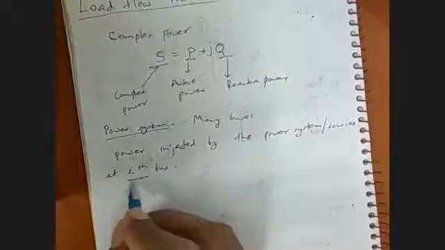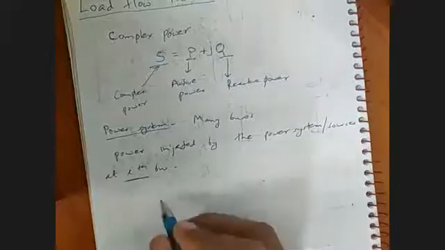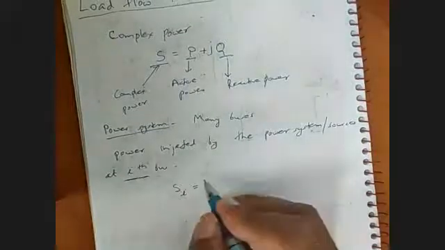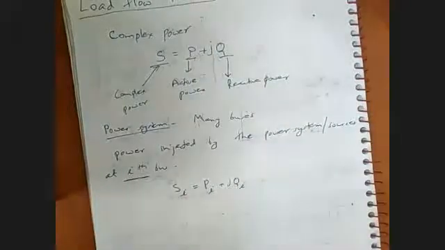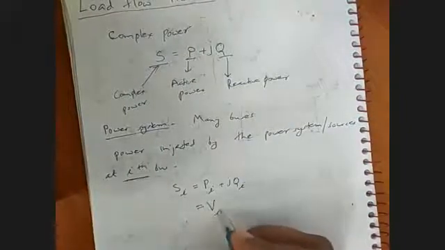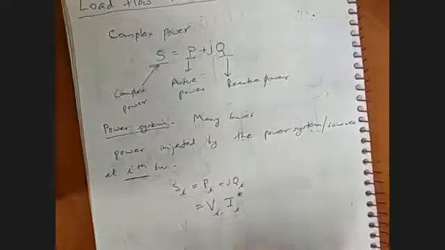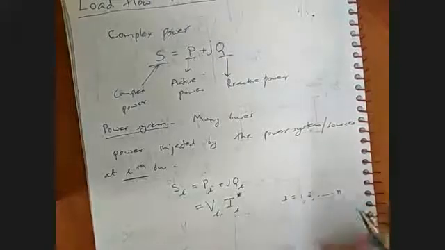So for ith bus, that means we are finding a generalized formula. So it will be Si, that is Pi plus jQi, and that will be indicated as Vi into Ii star, where i equal to 1, 2, up to n.